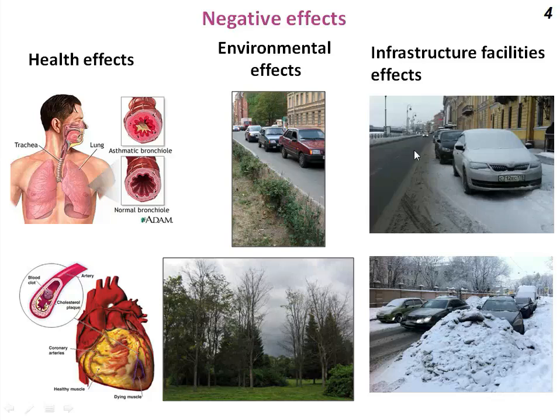Infrastructure facilities are damaged. There is a change in climate, so you will frequently find storms. Because of acid rain, you will find a lot of vanishing of green vegetation, and these pollutions also cause health hazards such as the development of clots and other vascular diseases and abnormalities in humans.